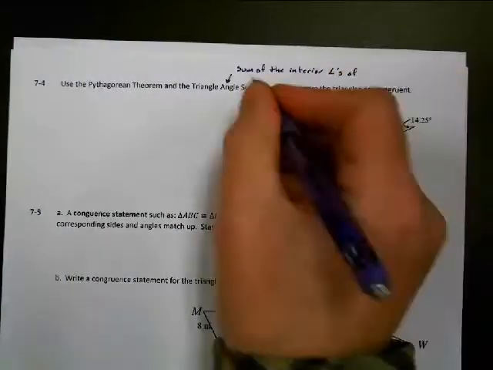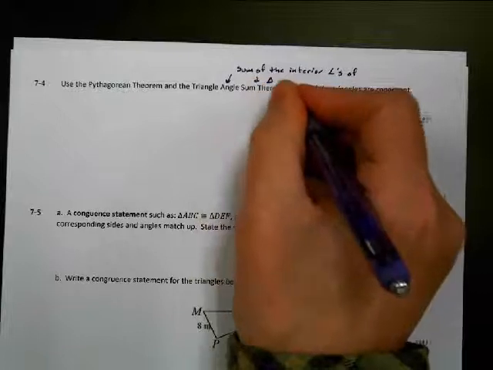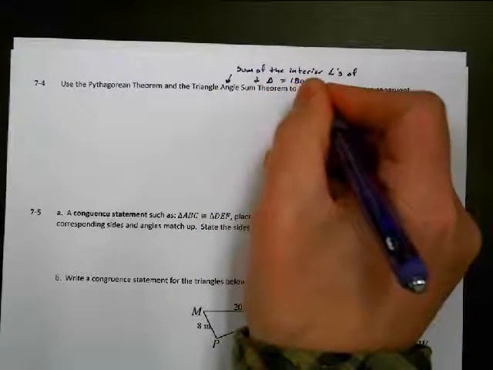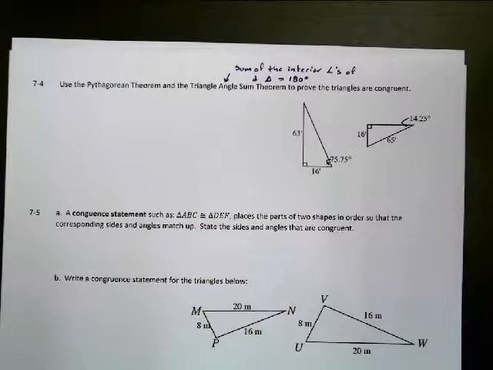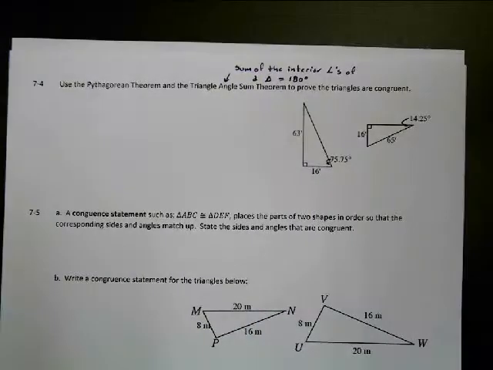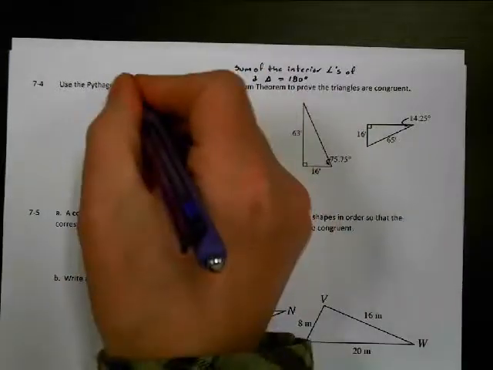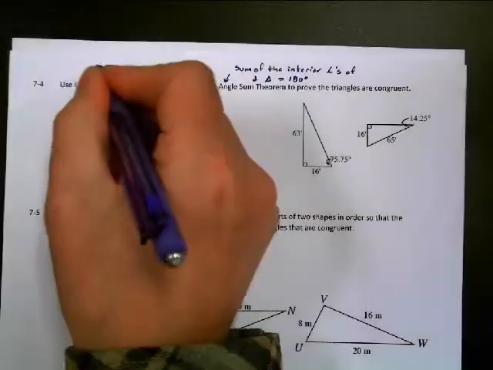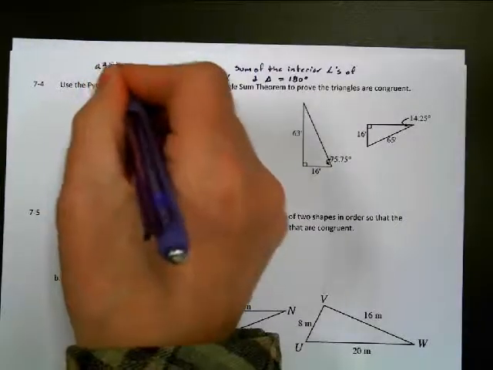So the three angles inside of a triangle should always add up to 180 degrees. Remember, the Pythagorean theorem is for sides. That one says that a squared plus b squared equals c squared. And this only works for a right triangle.